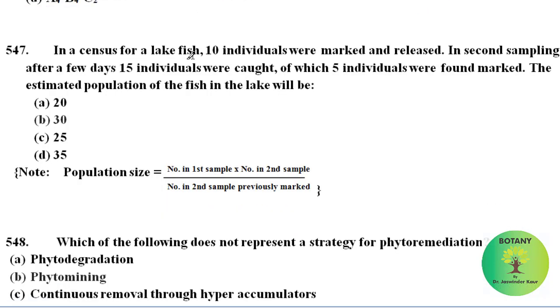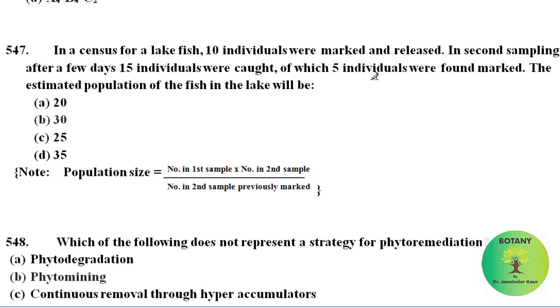In a census for a lake fish, 10 individuals were marked and released. In second sampling, after a few days, 15 individuals were caught, of which 5 individuals were found marked. The estimated population of the fish in the lake will be. Now we have to find the estimated population. For this we use the formula: population size is equal to number in first sampling, that is 10 individuals, multiplied by number in second sample, that is 15 individuals, and then divided by number in second sample previously marked.